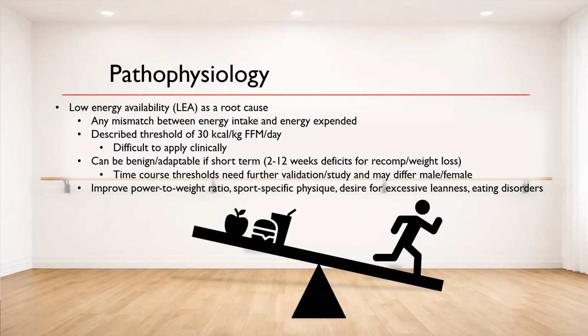Many athletes will report motivations to decrease weight for physical performance and power in more power-based sports like cycling and rowing are the ones that come to mind first. They often report motivation to improve their aesthetic physique for sports, or they just unintentionally have severe or too prolonged low energy availability because of their high training volume and poor fueling habits.